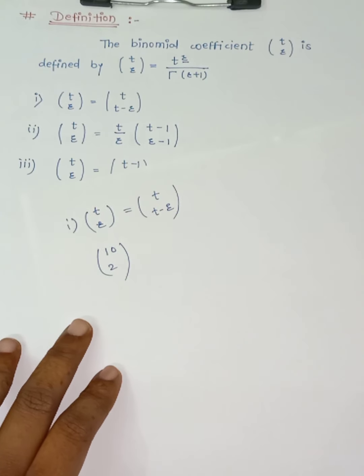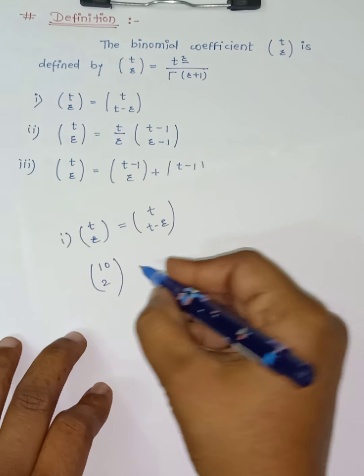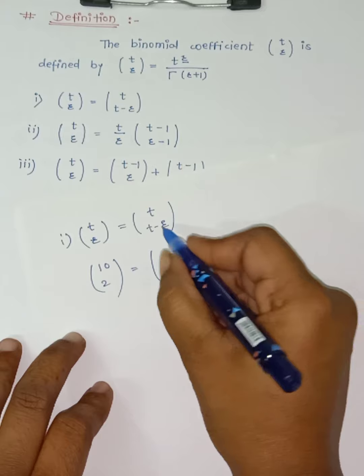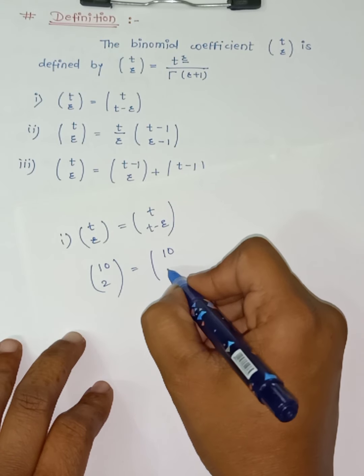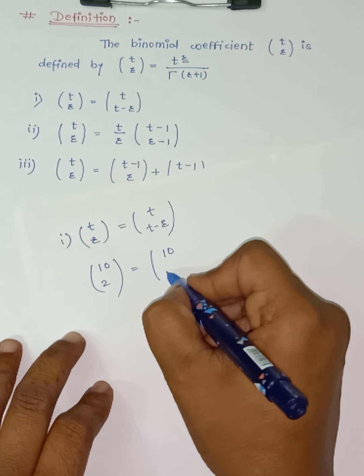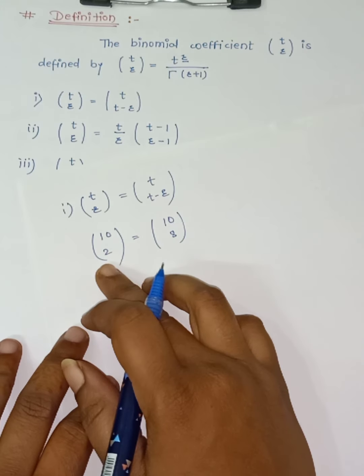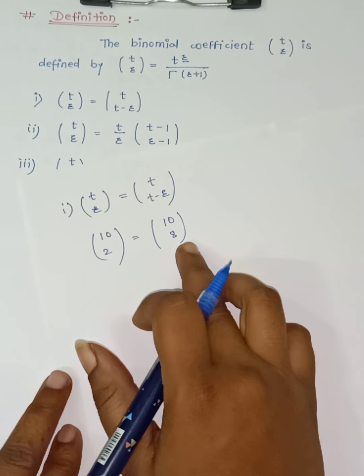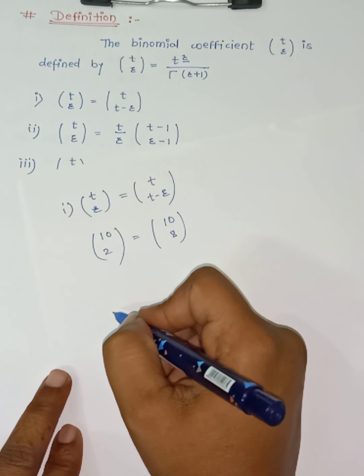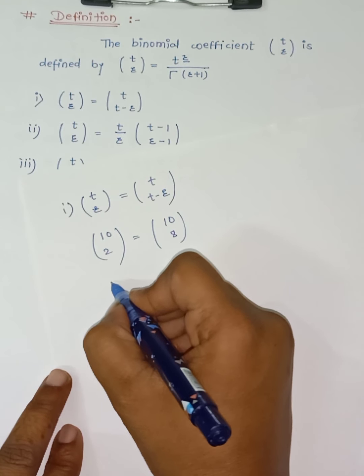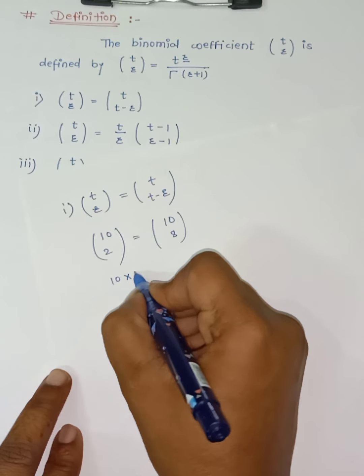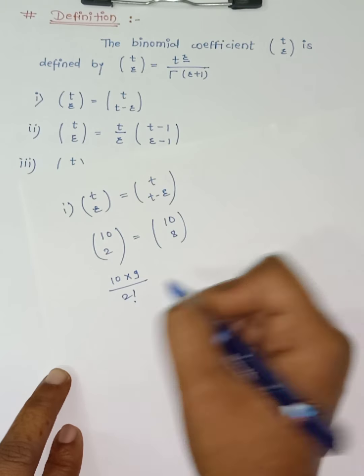So considering 10C2, and here it will be 10C(t minus r), so 10 minus 2, that is 8. So 10C2 is equal to 10C8. So what is 10C2? It will be 10 into 9 upon 2 factorial.